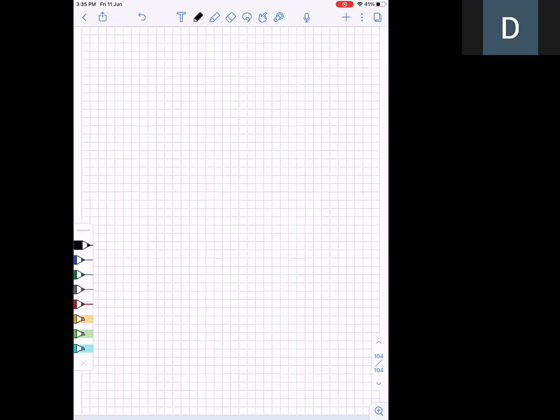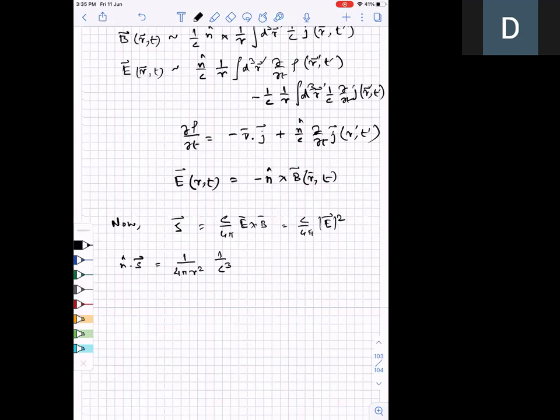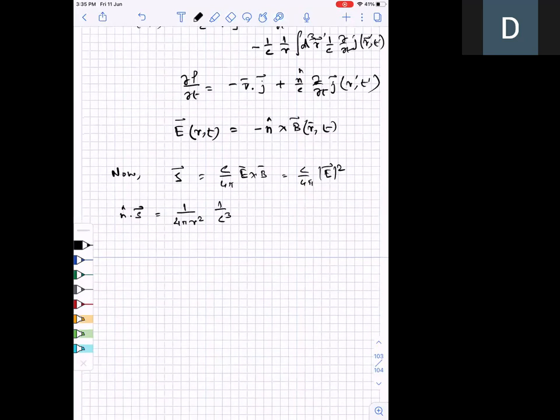The C's are coming from before, basically plug these numbers in. Then this will be n cap cross the integral of d cubed R prime del T of J R prime T, and then because it's a B squared, this whole thing squared.